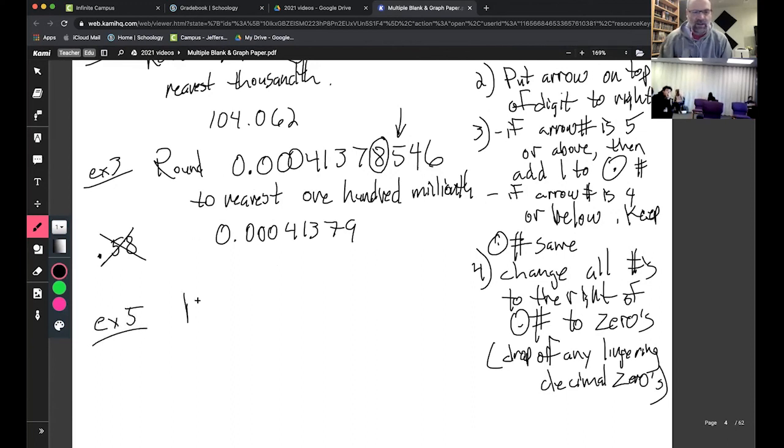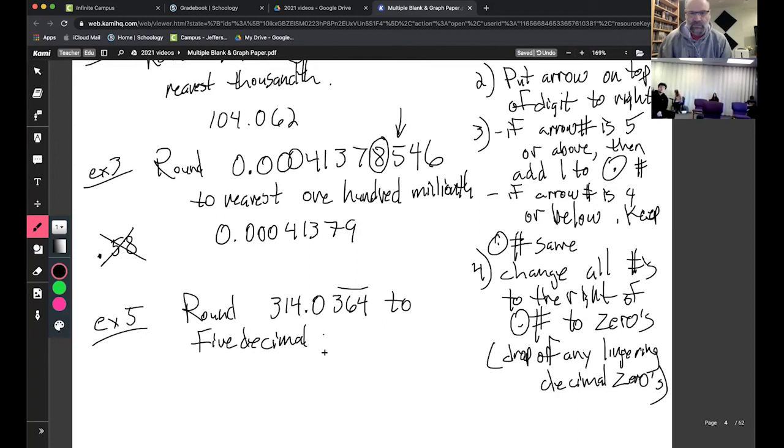I'm going to round this number to 5 decimal places.